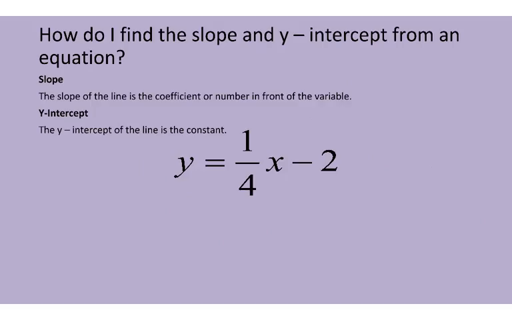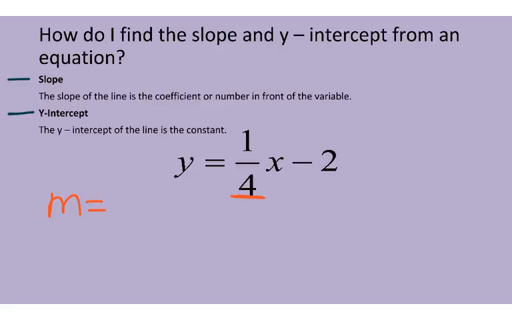Okay, so how do I find the slope and y-intercept from an equation? Believe it or not, this is really, really simple. The slope of the line is the coefficient in front of the variable, the number in front of the variable, and the y-intercept is the constant. All right, so for instance, in this particular equation, 1/4 is the slope.